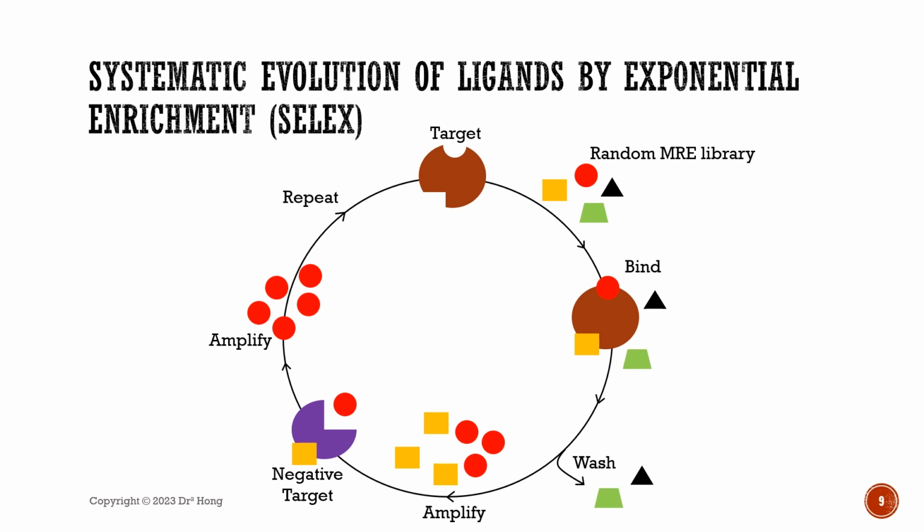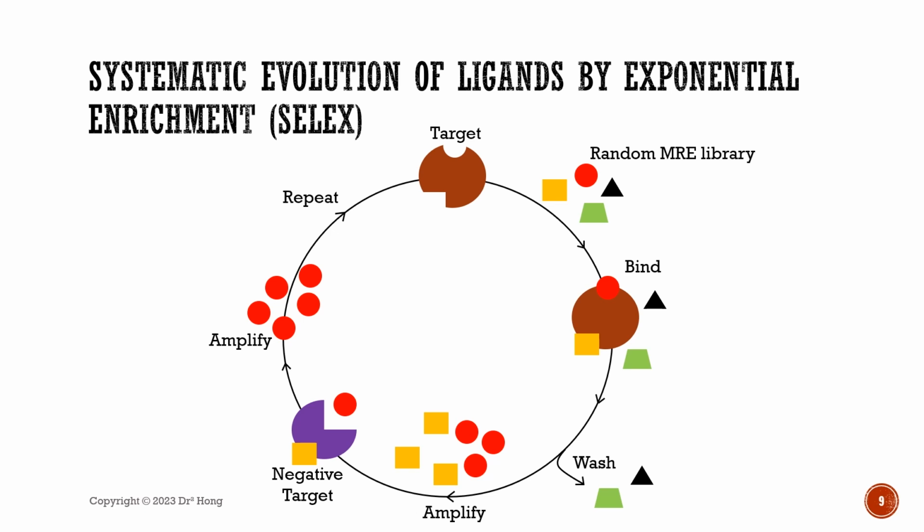Now, the SELEX process typically involves several rounds of iterative selection and amplification, where a large pool of RNA or DNA molecules with random sequences is incubated with the target molecule. After incubation, any molecules that have bound to the target are separated from those that have not, and the bound molecules are eluted and amplified using polymerase chain reaction or reverse transcription.